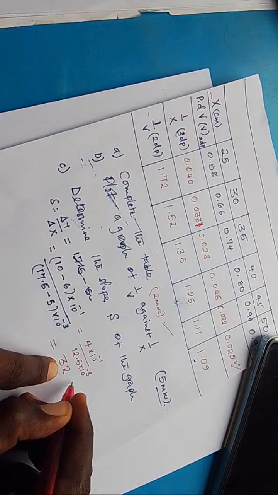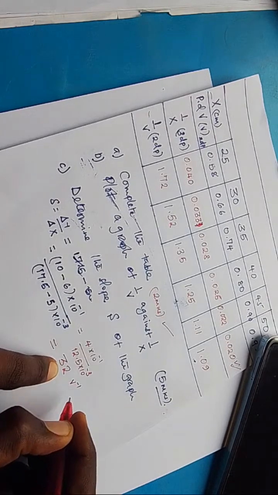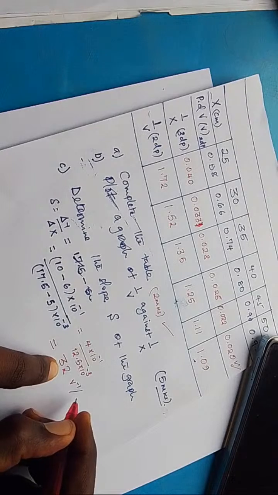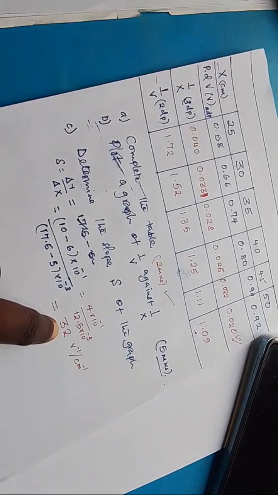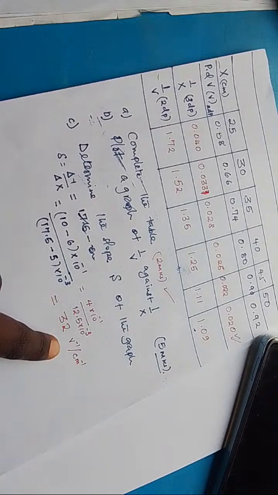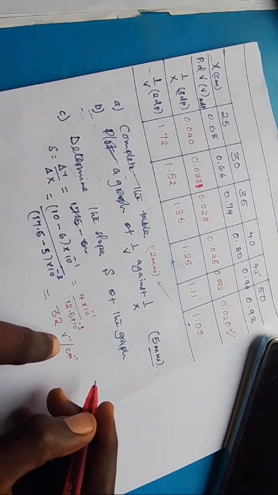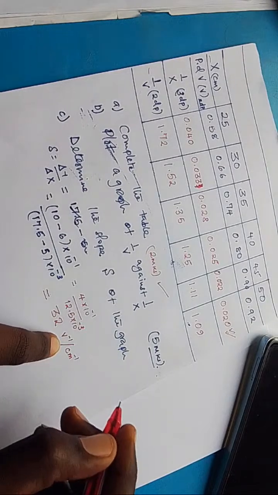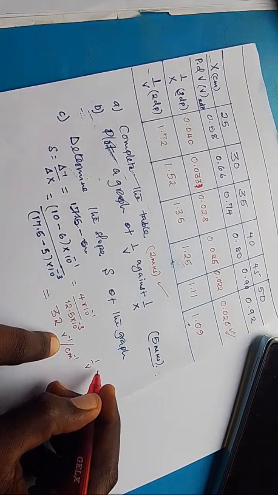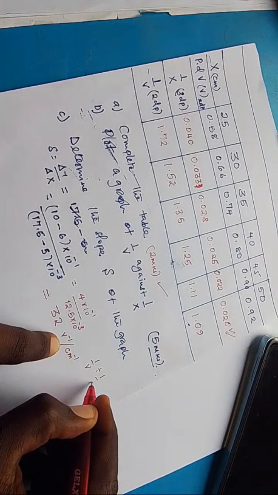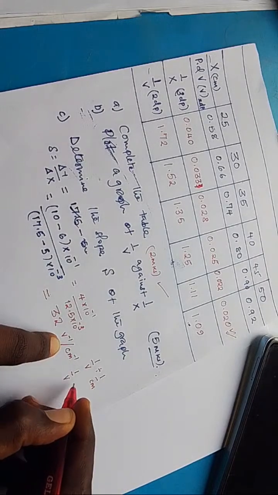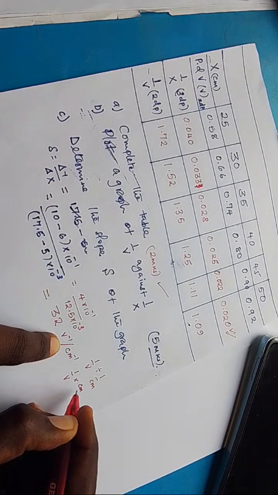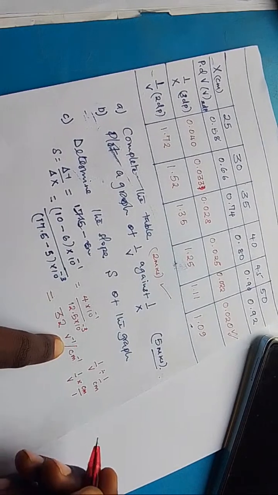On y-axis, we had per volts against per centimeter on the x-axis. If you write it correctly in this manner, you'll have it all. Now, ask yourself, 1 over V divided by 1 over centimeter will be 1 over V times centimeter divided by 1.